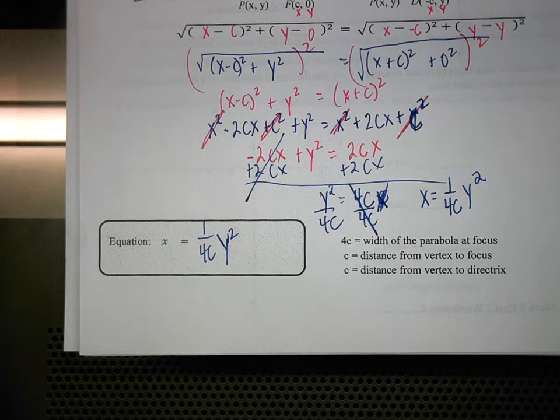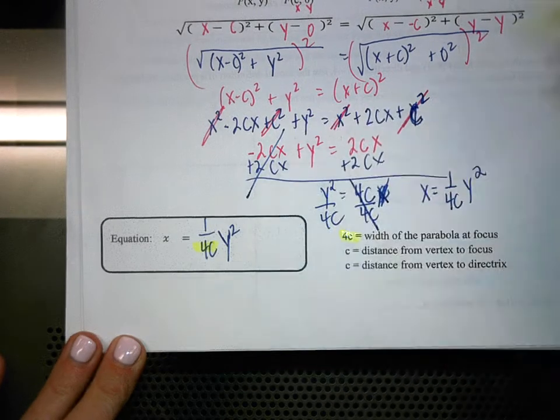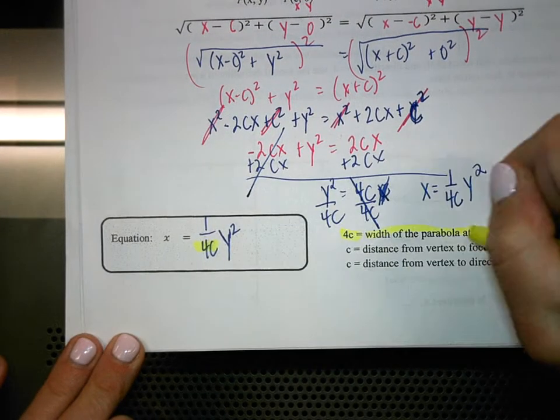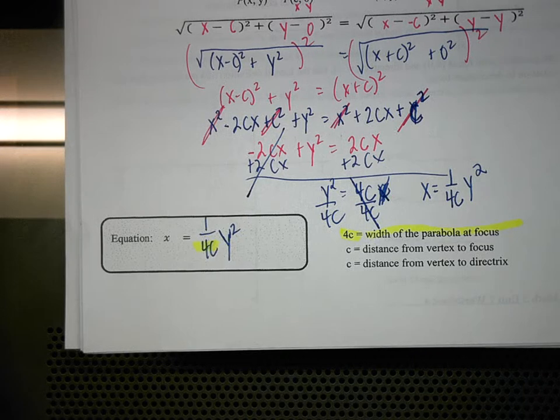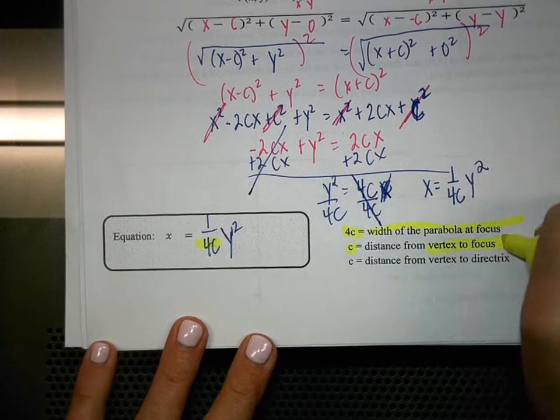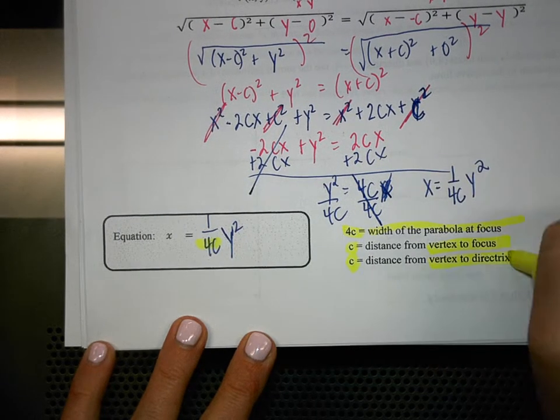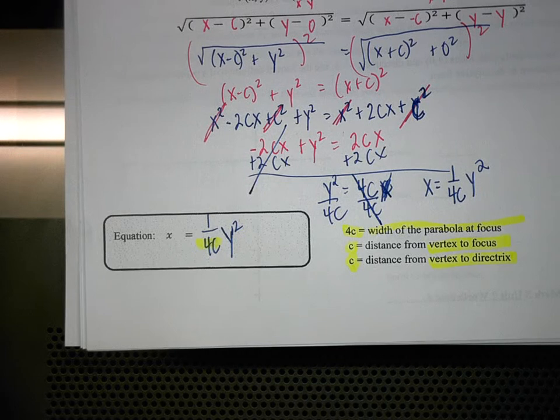Yes? So remember that this 4c represents the width of the parabola at the focus. Remember that c is the distance from the vertex to the focus, and c is also the distance from the vertex to the directrix.